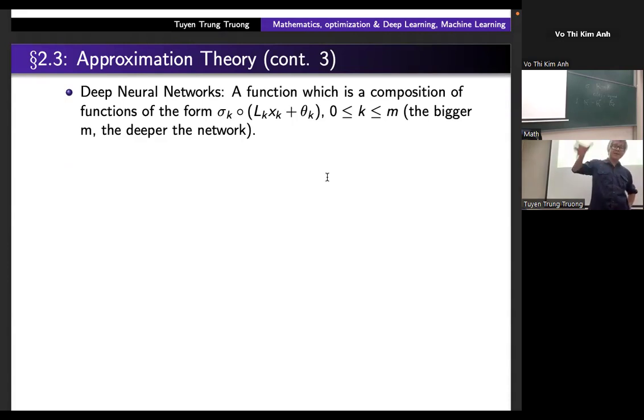Then you compose many of them together. In similarity to biology, people say that a layer has neurons if that layer is R^n. So let's look at the picture of a deep neural network.